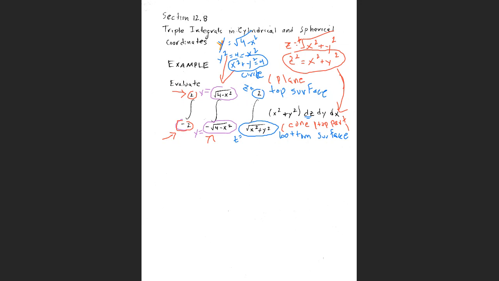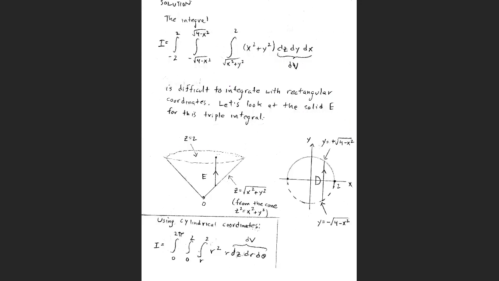All right, let's keep rolling here. So this is our solid E, difficult to integrate with respect to rectangular coordinates. But before I can convert this triple integral to a triple integral with respect to cylindrical coordinates, it helps to know what the solid looks like.